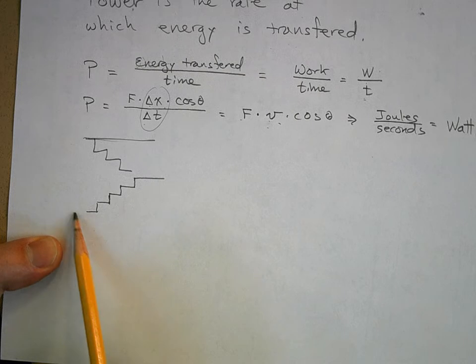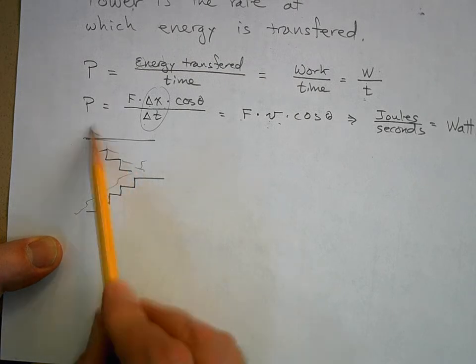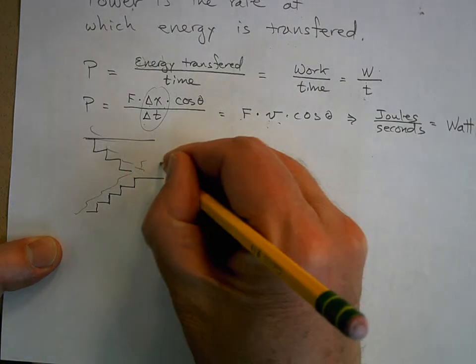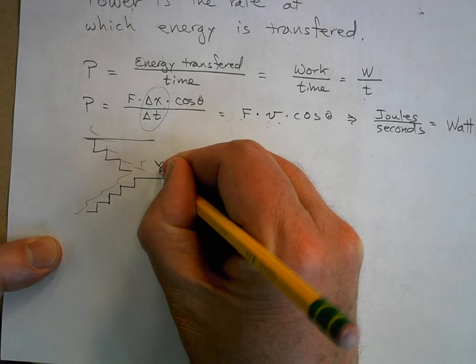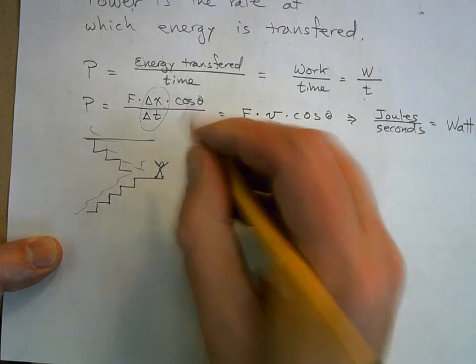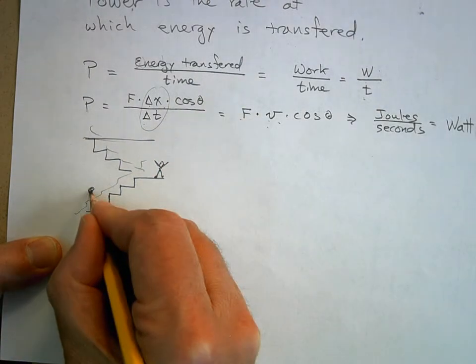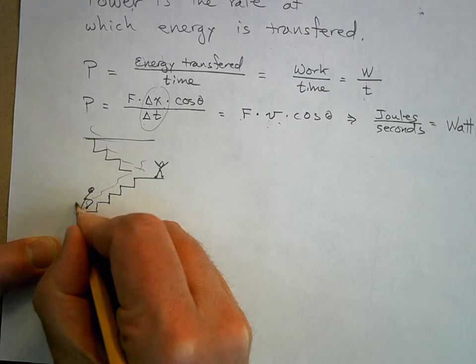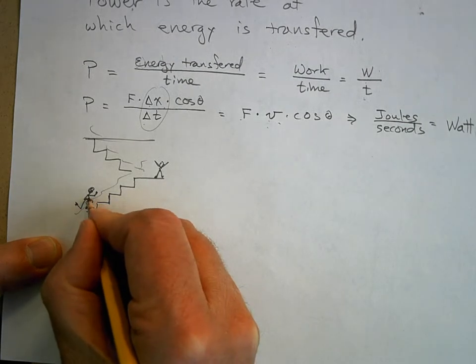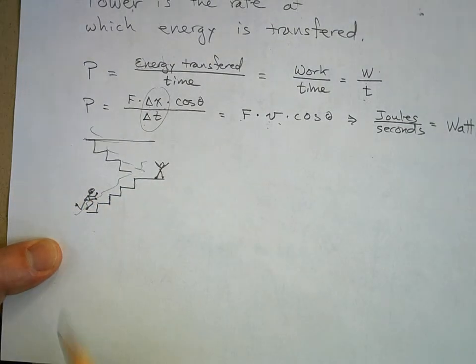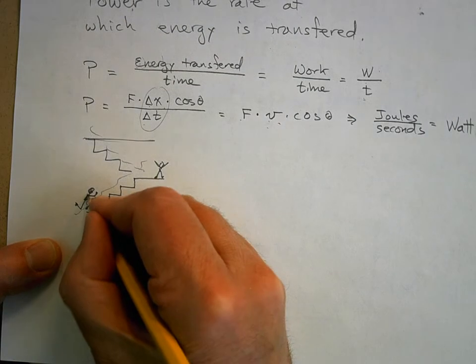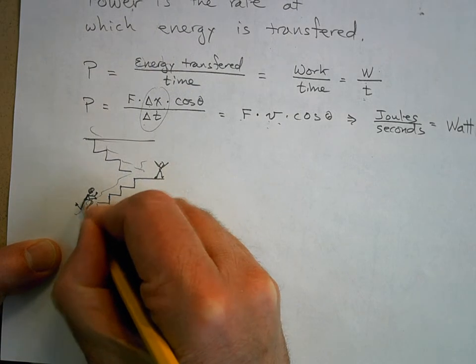So we're going to run up the stairs, and somebody is going to stand right here with a stopwatch. And you are going to run up as best you can. That's a pretty good stick figure, dude, huh? Running.